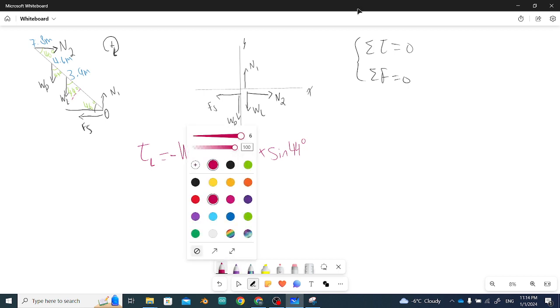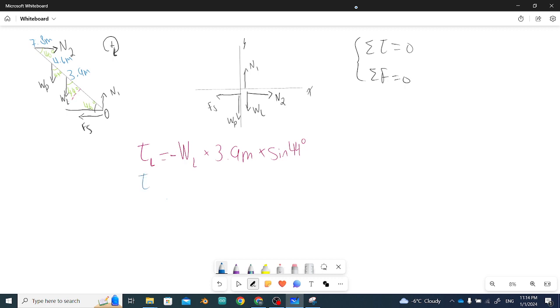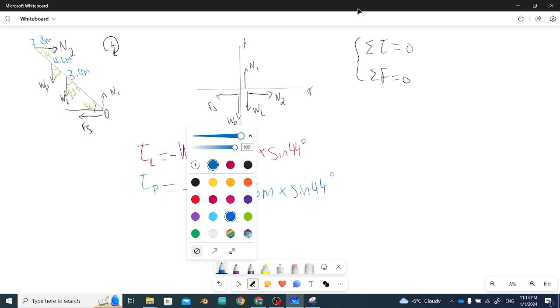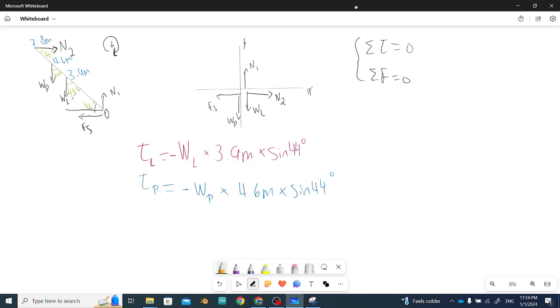Now let's do the torque the painter exerts, and that's also negative. That's the weight of the painter times the distance of 4.6 meters, and here is again sine of 44 to get the perpendicular force. And now finally the torque that the normal force exerts. Torque of normal force, that will be N2.